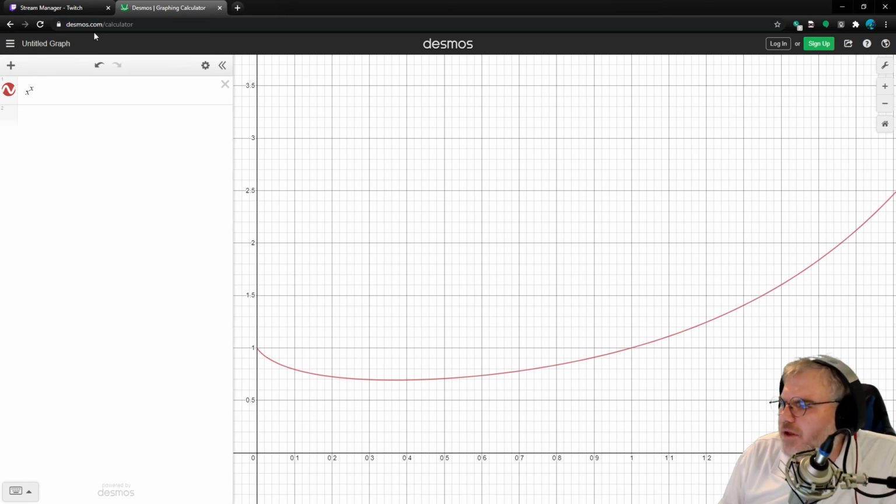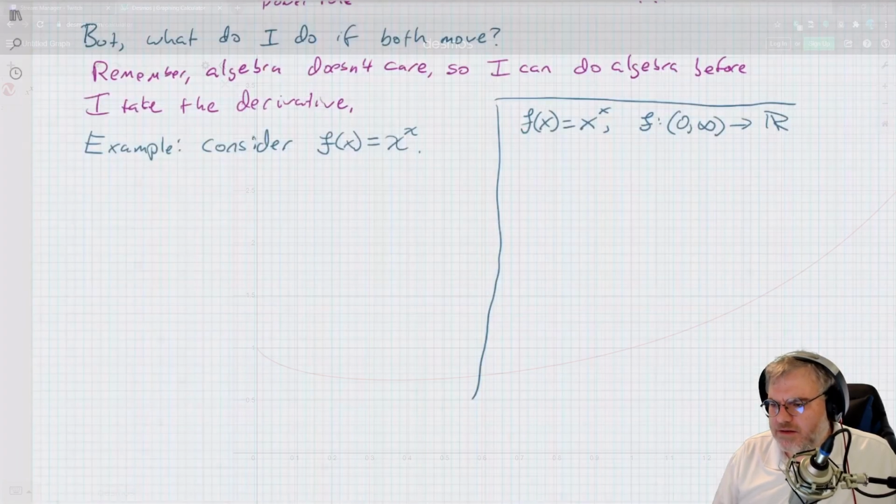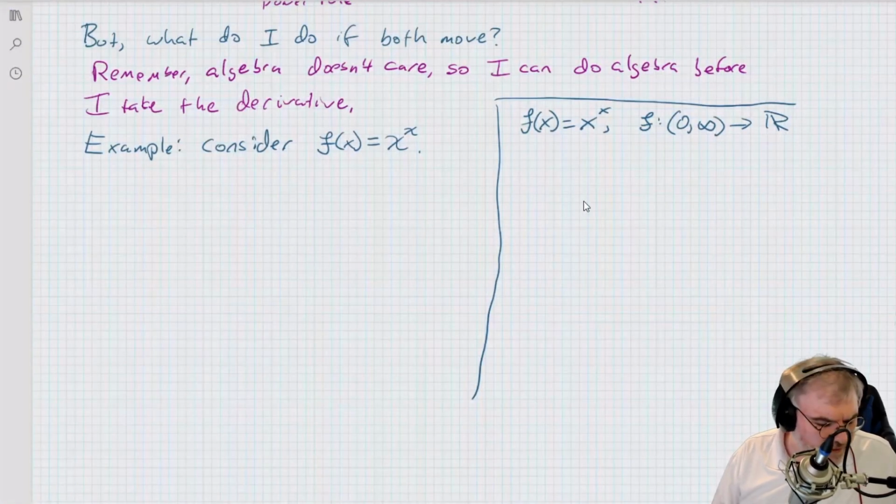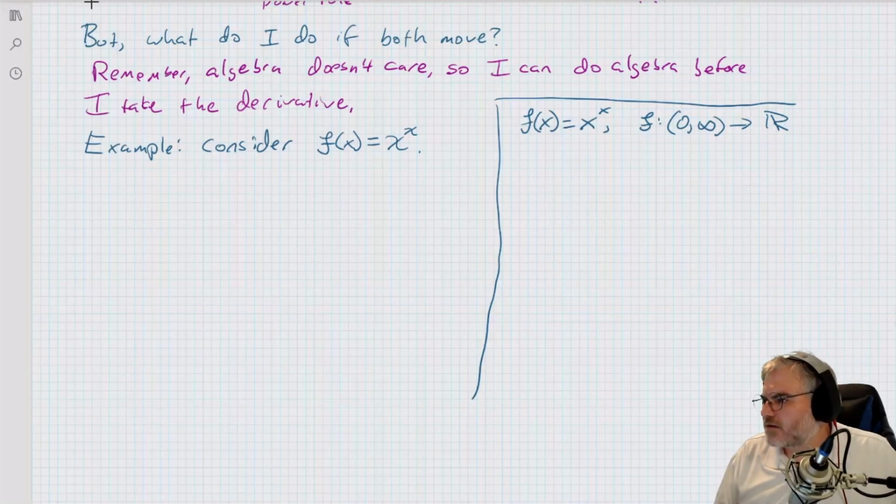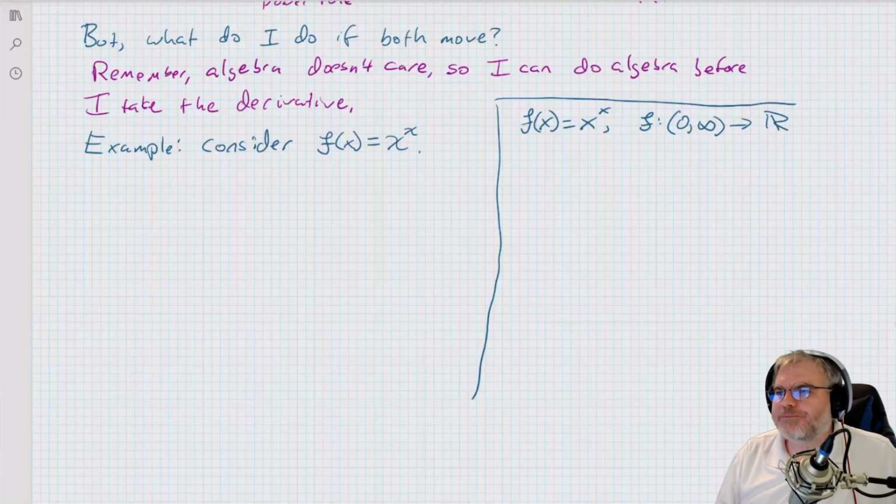So I want to do a screenshot here. So let's go back. Okay. So let's talk about some interesting things about this function.